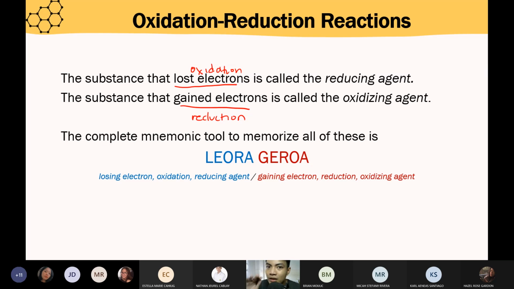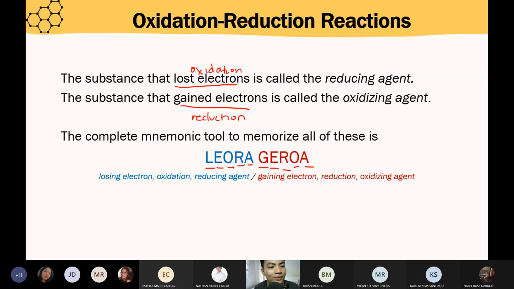Okay? So for you to completely summarize all the things that we have discussed, we will need to use this mnemonic, LEO RA, GER OA. LEO RA, ibig sabihin, losing electron oxidation reaction, reducing agent. Gaining electron reduction reaction, oxidizing agent. Para mas madali makabisado lahat.